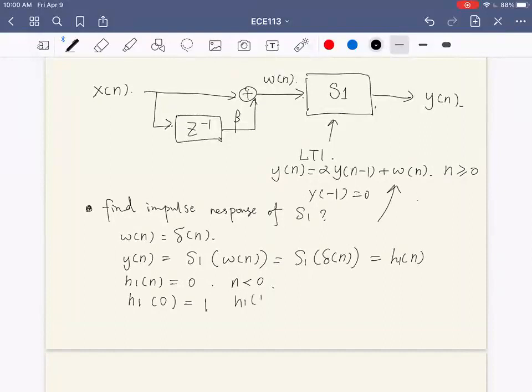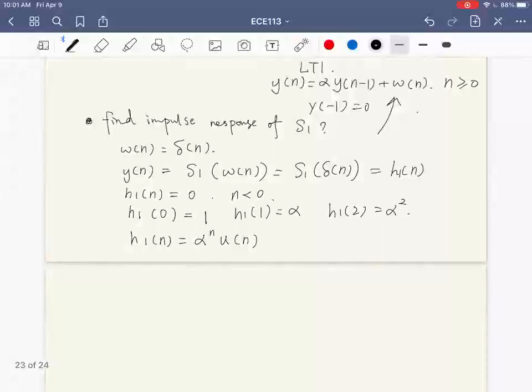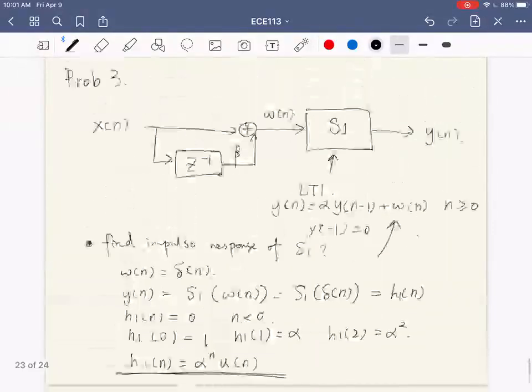And h1 of 1, we have alpha. h1 of 2, we have alpha squared. So it's pretty similar to the previous question. And we can conclude that h1 of n equals alpha to the n. Because it is 0 for negative n, we add a step function here, right? So that is how we get the impulse response of system 1.